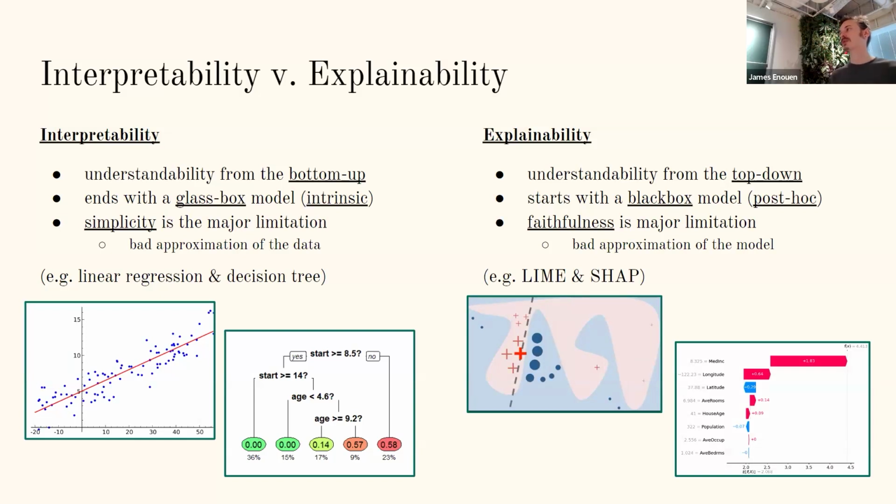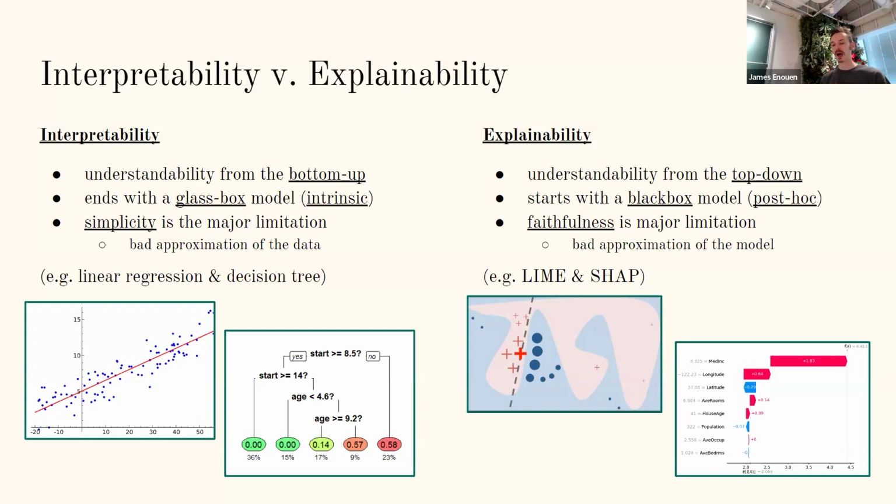Because of these two different approaches, they have different limitations. Interpretability coming from the bottom up has a simplicity limitation, where you can't get the model to become powerful enough to accurately approximate the data, so there might be a gap in how much you can actually learn from your data. Explainability has a different gap, where faithfulness is the major limitation: your explanation is too simple to truly explain the model.